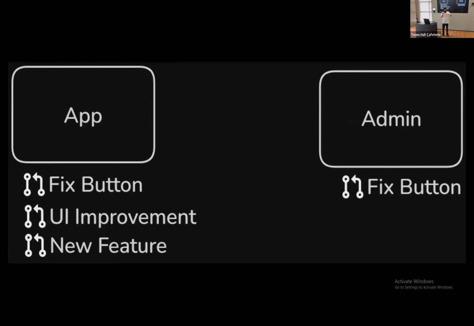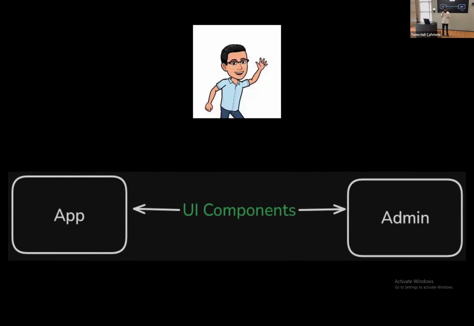Sooner or later everything piled up, and the admin was not consistent with the app. We used to worry: is this implemented on the app side, or not? So finally he came to me and said, "Wadad, I just want one thing from you. Whatever we have in the app has to be exactly the same in the admin. I want to see exactly what the user is facing, the same exact code."